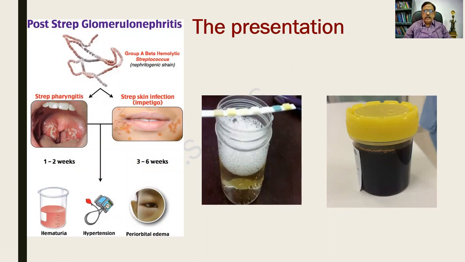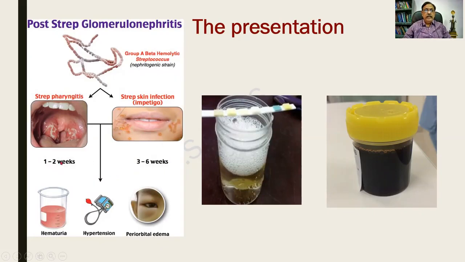This is a clinical picture of the condition. I am finding the bacteria in strands, the group A beta hemolytic streptococci, because of which a patient can develop either a pharyngitis or a tonsillitis, or in the skin there can be a lesion such as an impetigo.